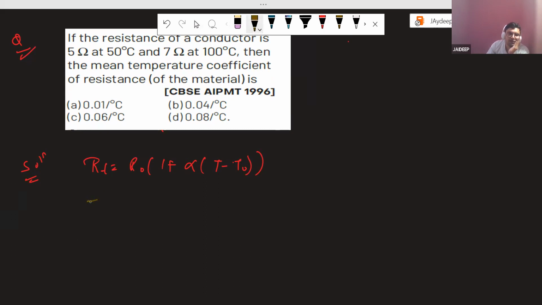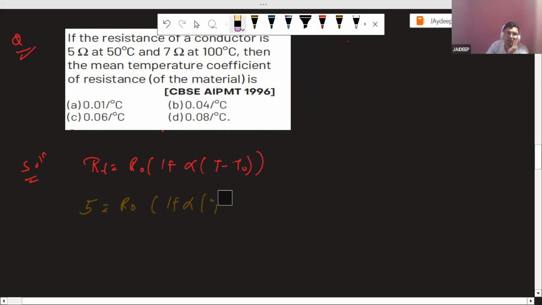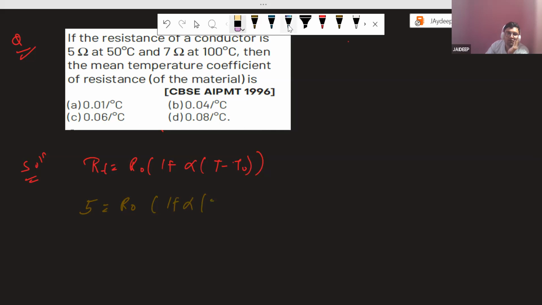RT is 5. R naught is the resistance at 0 degrees. 1 plus alpha, T minus, what is T? So 50 minus 0, we can write.